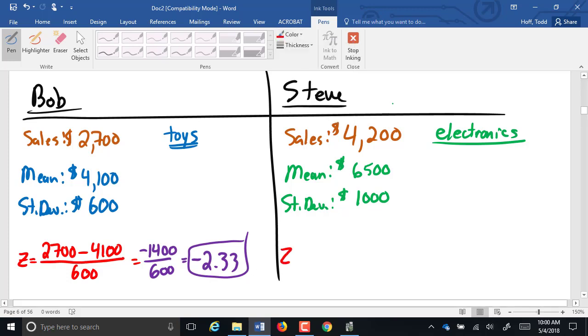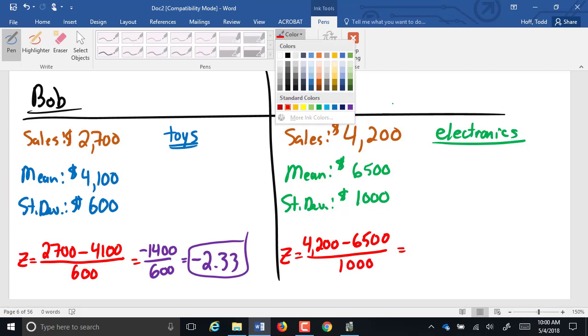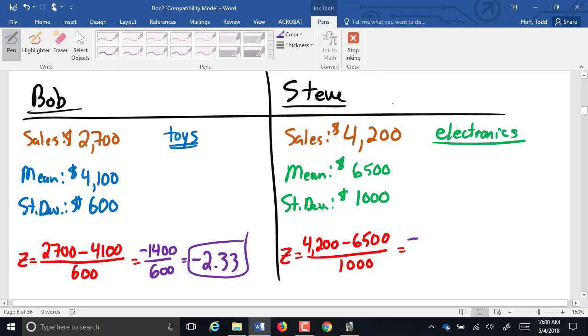Let's look at Stevie. What do I do for Stevie? Probably shouldn't call him Stevie if I'm about to fire him. 4,200 minus 6,500 divided by 1,000. What's 4,200 minus 6,500? Negative 2,300. Divided by 1,000, which is negative 2.3.